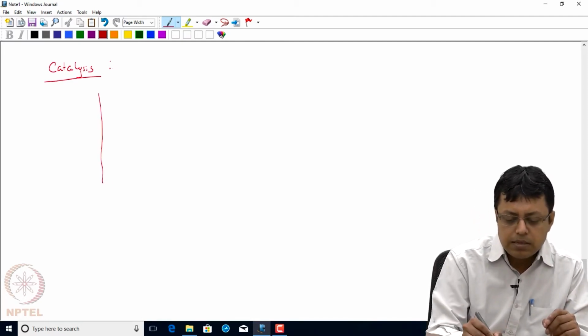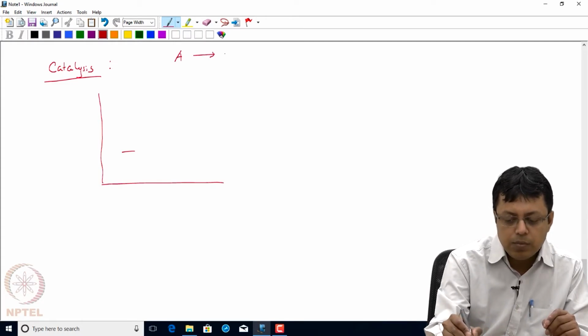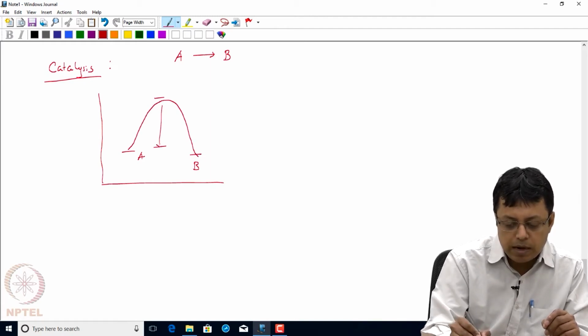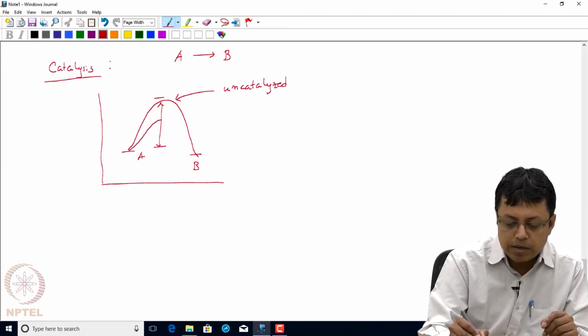Catalysis means, suppose A is going to B and we have some kind of activation energy, so the rate depends on this particular activation energy. This is the energetics for an uncatalyzed reaction; for a catalyzed reaction the rate of the reaction will be faster.